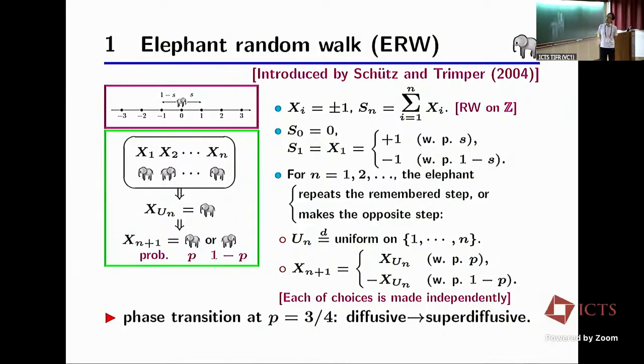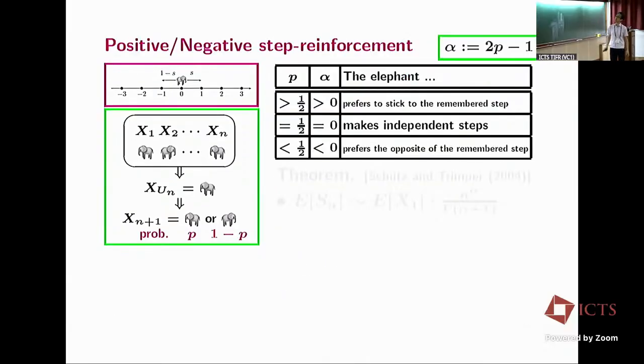To understand the behavior of this random walk model, it is convenient to introduce a new parameter alpha defined by 2p minus 1. This parameter describes the effect of step reinforcement.